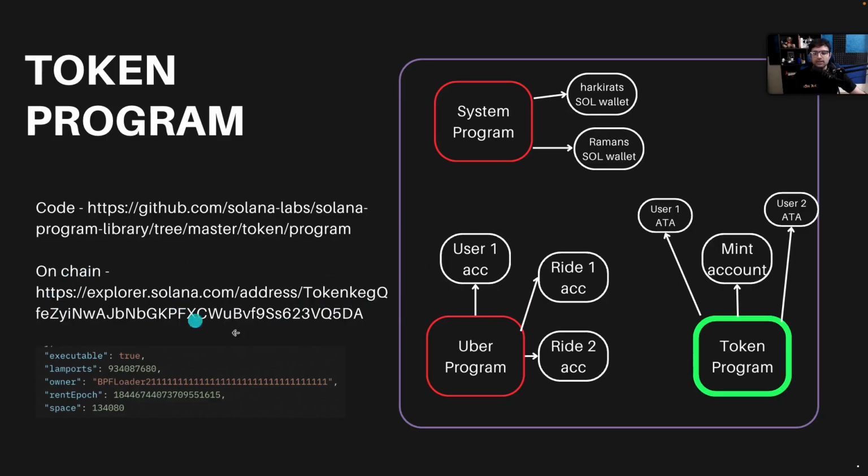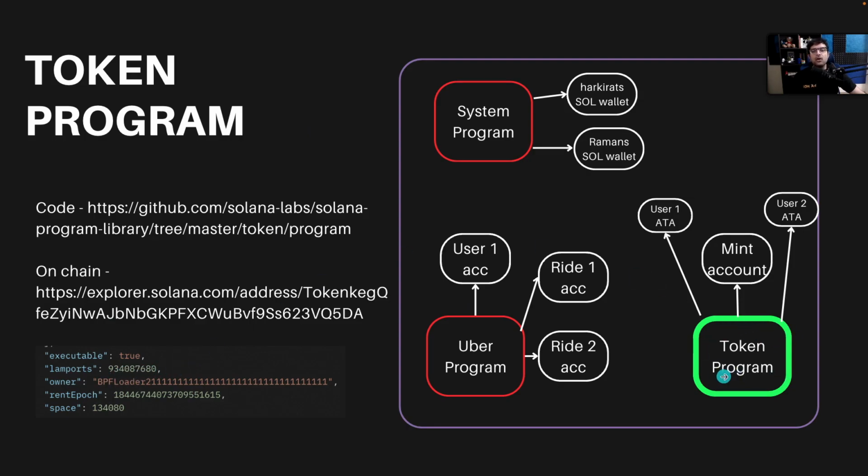You can actually go to this address and see that this token program has a bunch of data. This token program has executable set to true. If you remember last week we discussed what all things are stored in an account. Executable is one of those fields. Since this is a program, it has executable set to true. So will this, so will this. How many lamports does it have? It has a lot of Solana in it. Why?